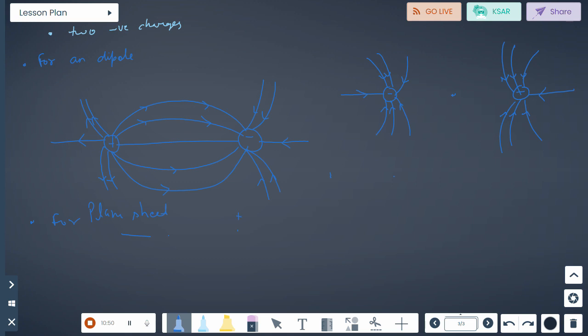Suppose we have positive charges on a sheet of paper, and the lines are parallel to each other and equally spaced. For negative charges, the lines come radially from infinity, equally spaced.